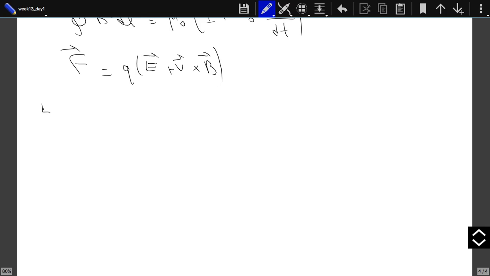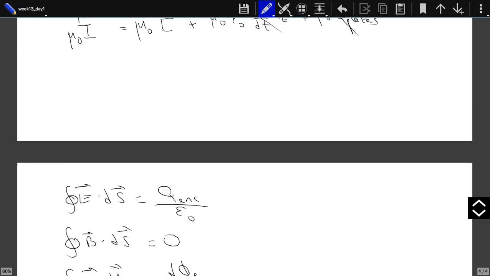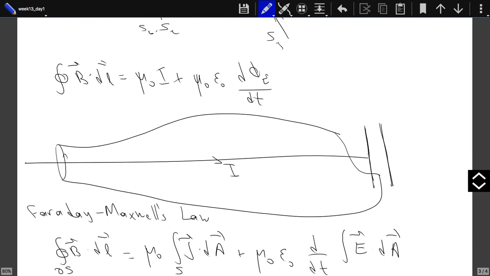Now let's do a simple example first. Okay, here we said that this capacitor was in the Andromeda galaxy, but let's just imagine we have another capacitor right over here. What is the magnetic field inside our capacitor?